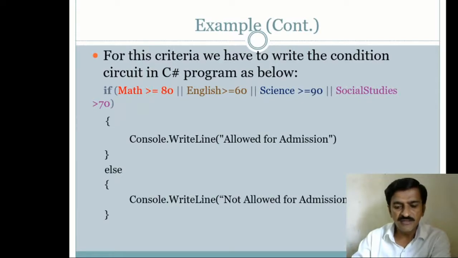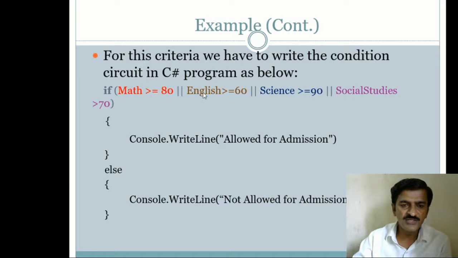To illustrate this criteria in a program, we write such a condition in a C# program. If math mark is greater than 80 or English mark is greater than 60, like this. If math mark is greater than 80, there is no need to evaluate all other conditions. There is no need to test the other conditions; if you test, it is of no use.